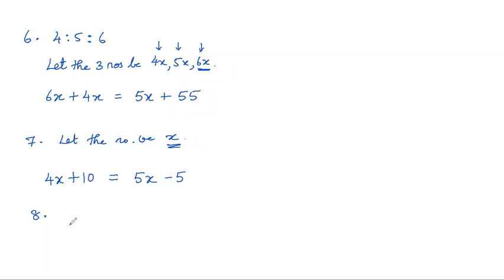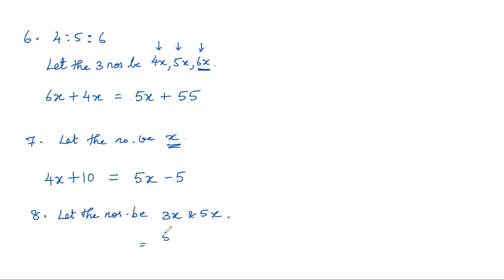Eighth question. Two numbers are such that the ratio between them is 3:5. So let the numbers be 3x and 5x. If each is increased by 10, the ratio between the new numbers so formed is 5/7.